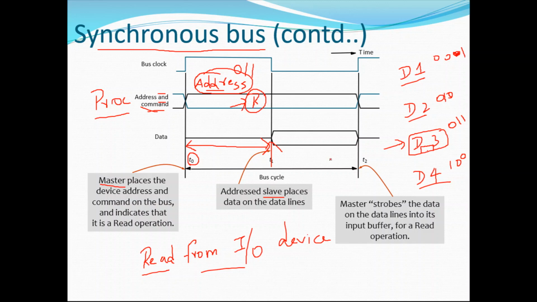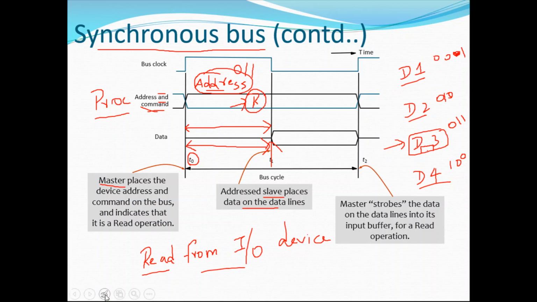So the addressed slave will then place the data on the data lines. This time should be sufficient enough, because if all IO devices were unable to check during this time, then there is no use and the purpose may not be served. So this time is designed in such a way that all the IO devices should be able to check their addresses and the addressed slave will be placing the data on the data lines.